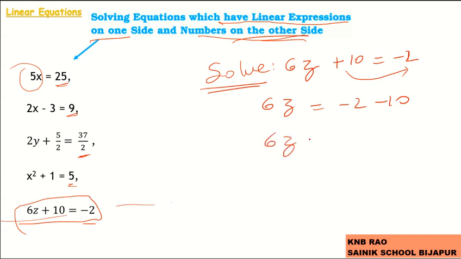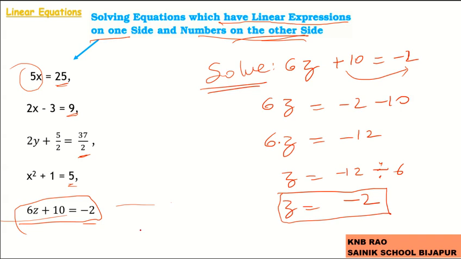So 6z equals minus 12, and z equals minus 12 divided by 6, because 6 is the multiplicand here and it divides. z equals minus 2. Therefore z equals minus 2 is the solution of the given equation.